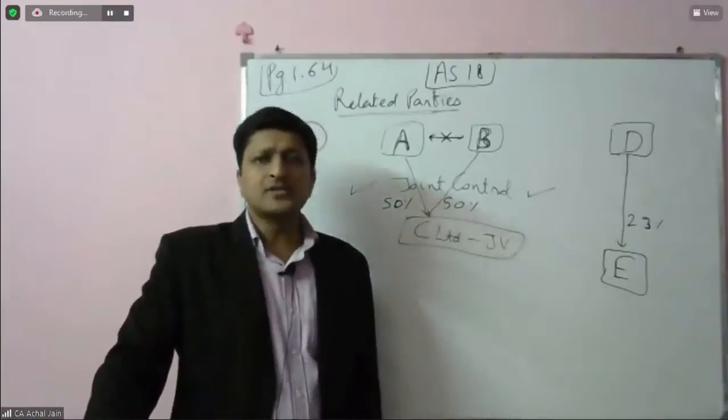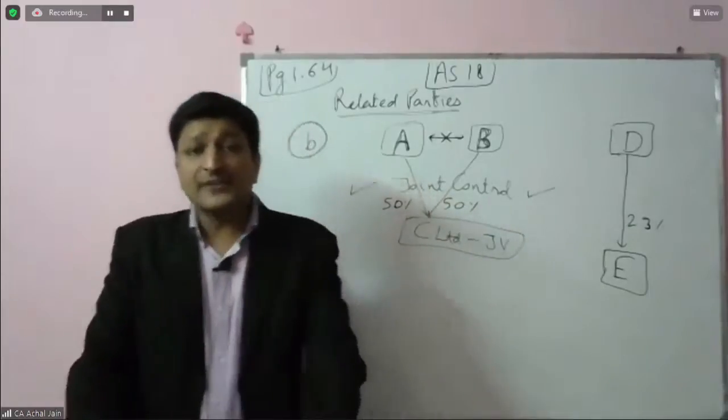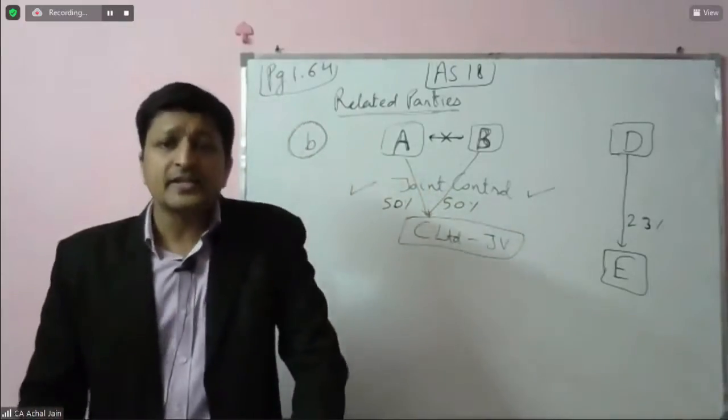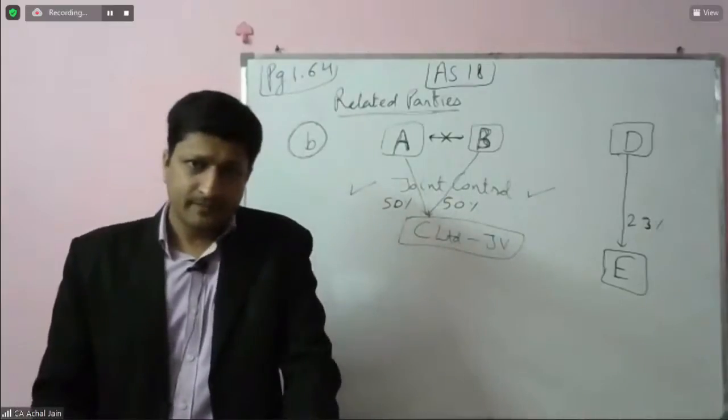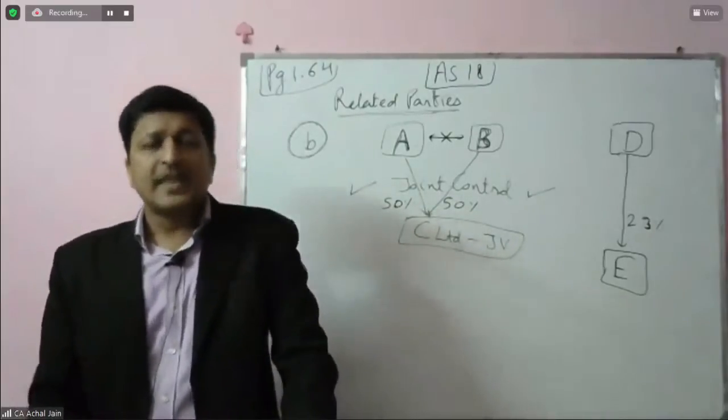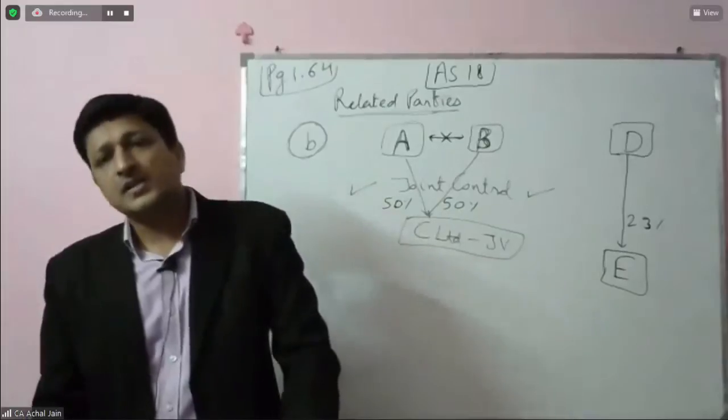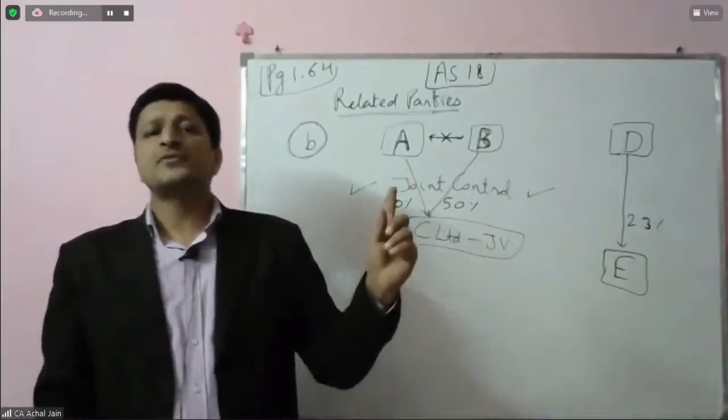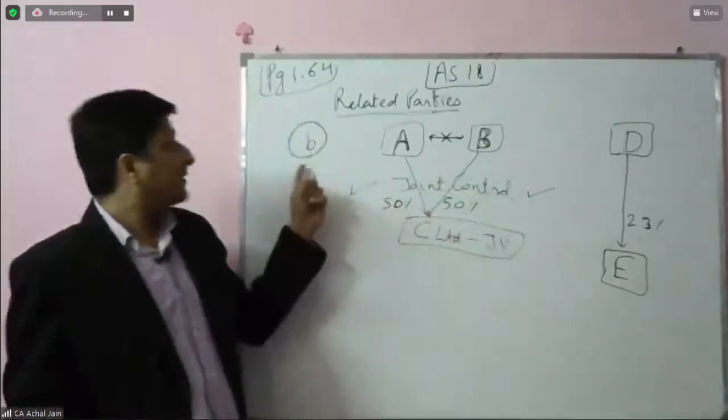But for the time being, we will just simply say that if the shareholding in an entity is more than 50%, then the control is considered to be there. Control is the one which we discussed in point number A.